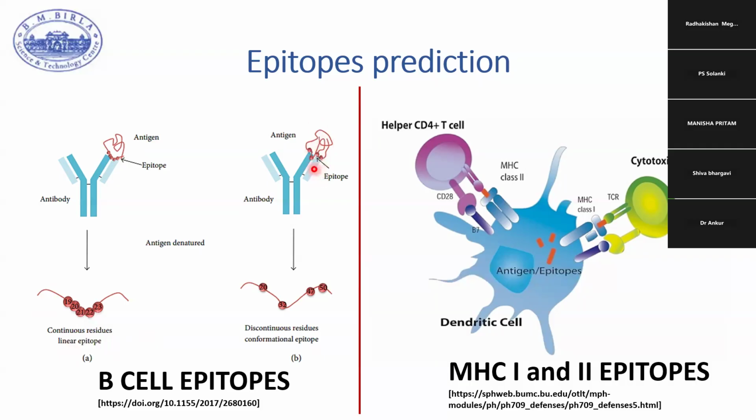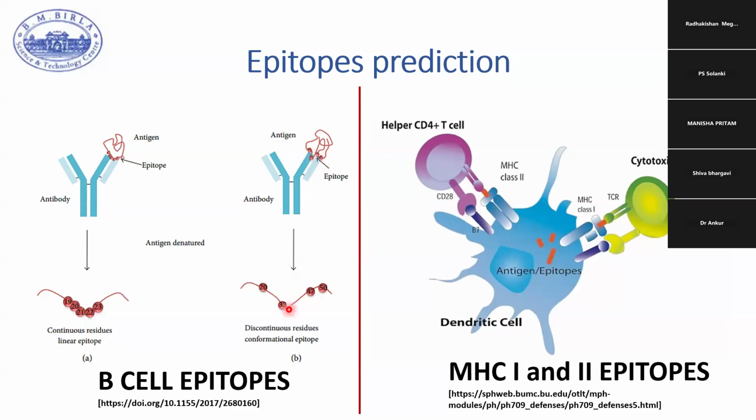In this case, you see there are amino acids, but they are not in continuation. What happens is, when an antigen goes through tertiary structure folding, there is a possibility that some amino acids interact with the antibody and some do not. So there are only 4 amino acids, you can see the small round particles here, interacting with the antibody, and these are not continuous.